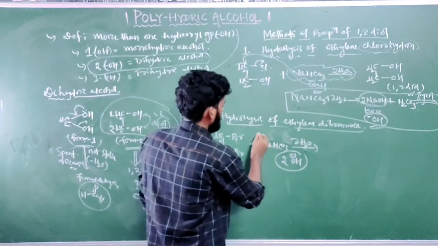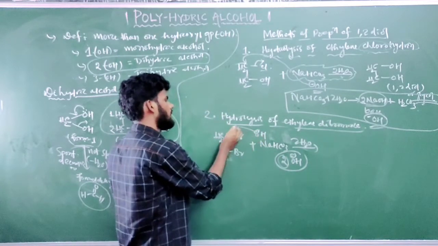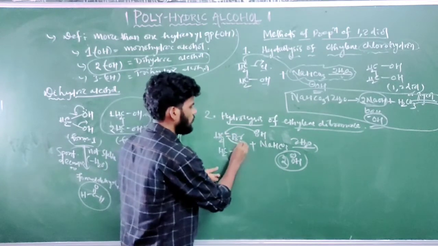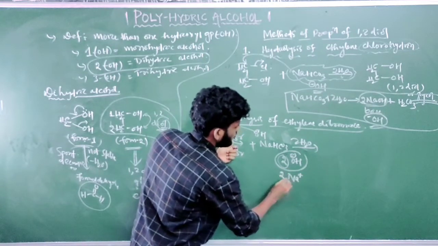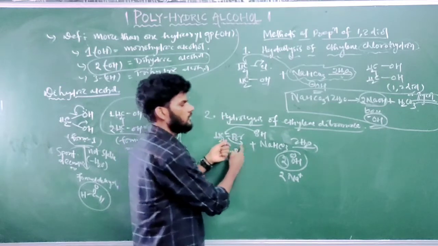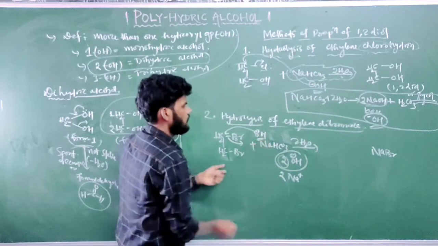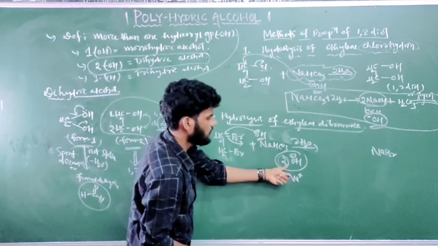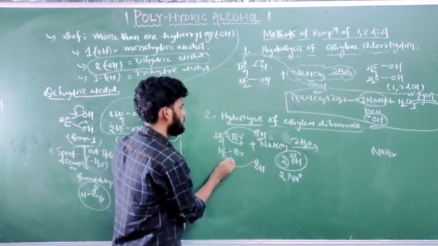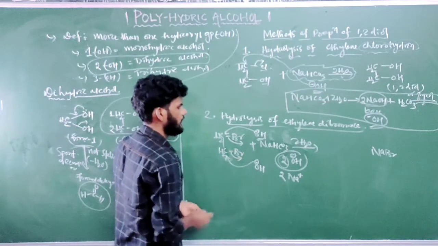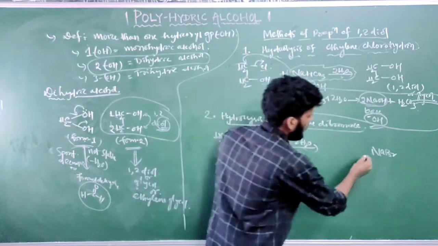So 1 mole of OH minus will nucleophilically attack this CH2 group and the bromine group is released. Here is the positive part, 2 moles of Na plus, so 1 Na plus takes the Br minus and forms 1 mole of NaBr. Another mole of OH minus similarly attacks the other CH2 group and that Br group is released, binding with another Na plus to form another mole of NaBr.